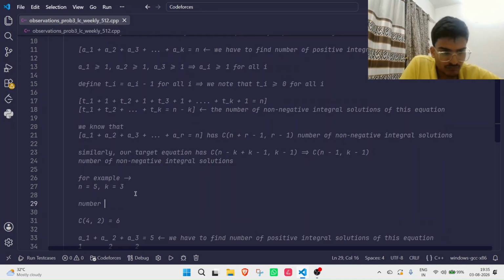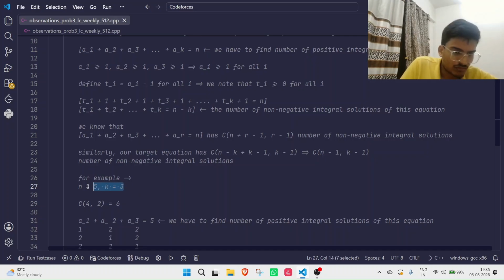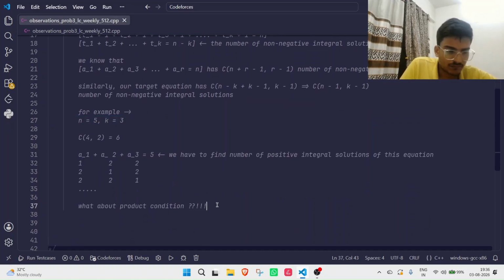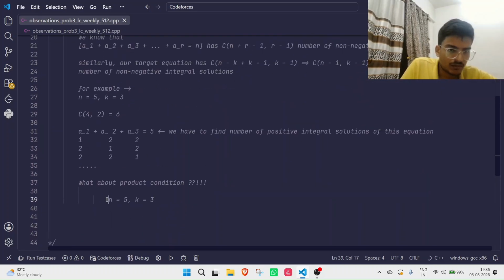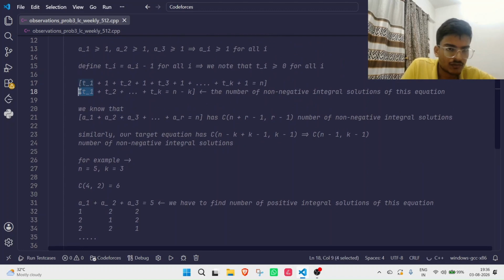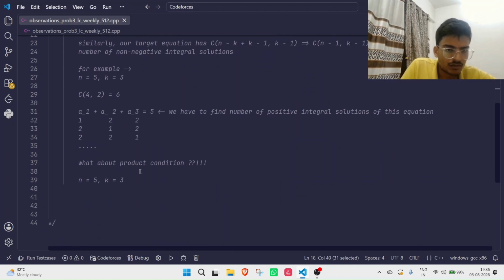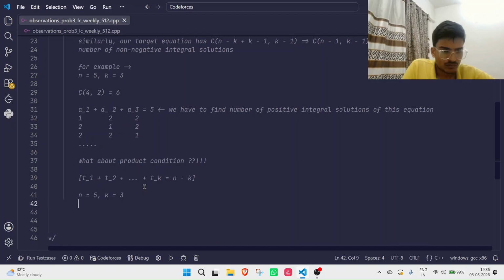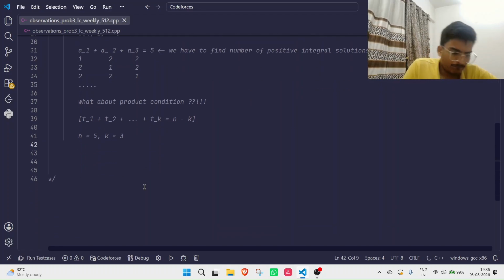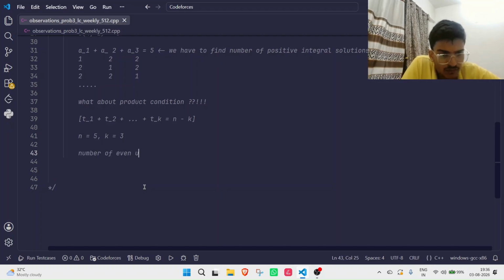The number of even numbers in the range 0 to n minus k, both included, is 0 to 2. There are two even numbers.